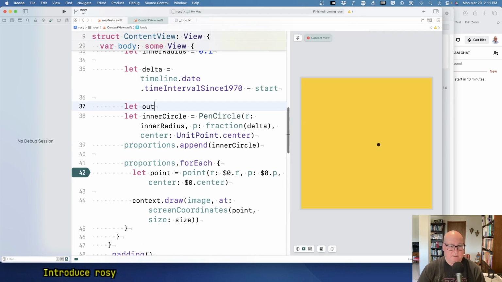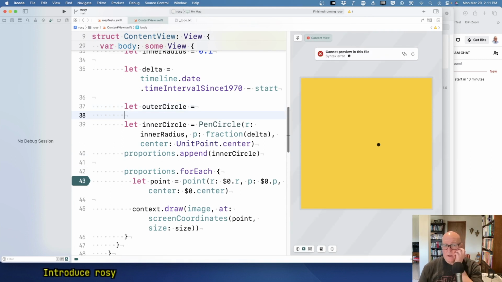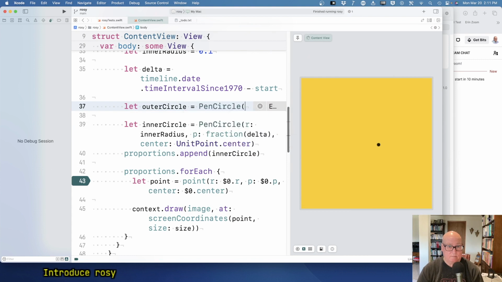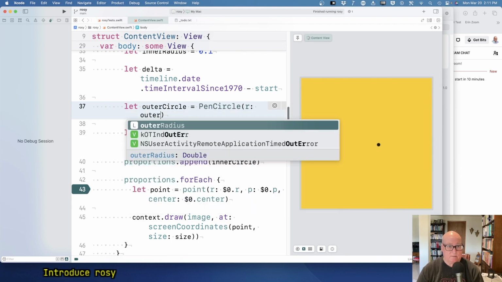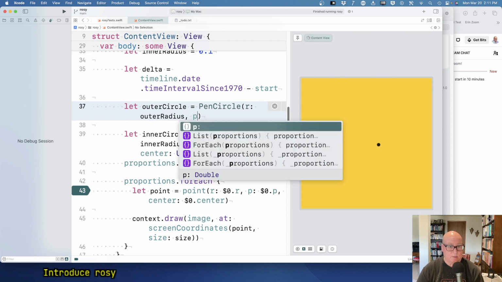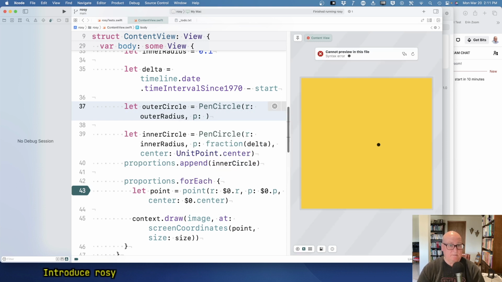All right, let outer circle is, well, I think he's also a pen circle. His radius is outer radius. His proportion is, well, let's calculate that up somewhere here.